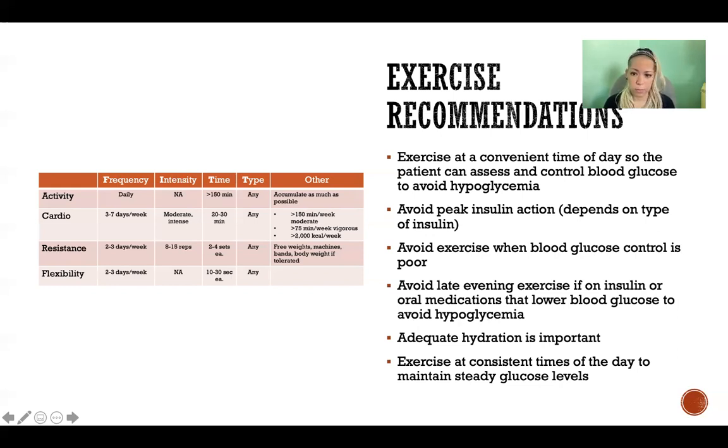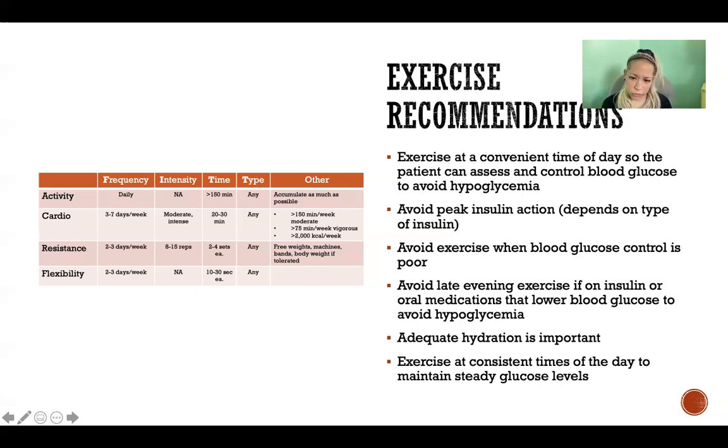It's not worth it, because if they are not reliably controlling their blood glucose, then they could be in danger of a really serious hypoglycemic event, which can be fatal depending on how low it gets and how long it lasts and whether there's any intervention. So just skip the workout. It is not worth it. So you only want this person to work out when they have their blood sugar under reasonable control.